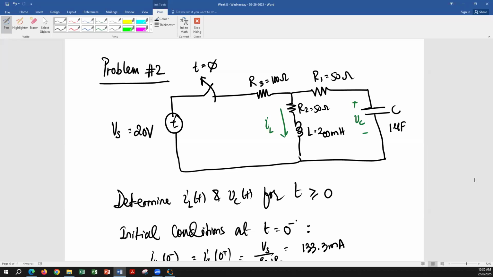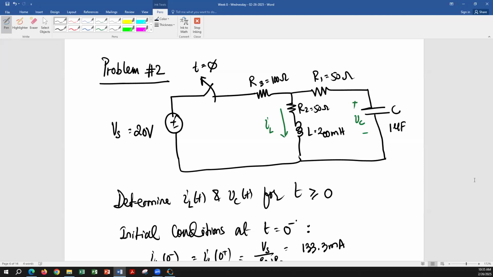Okay. Capacitor voltage there is. How are we going to find capacitor voltage? What will be the capacitor voltage? How are we going to find it? Very good.